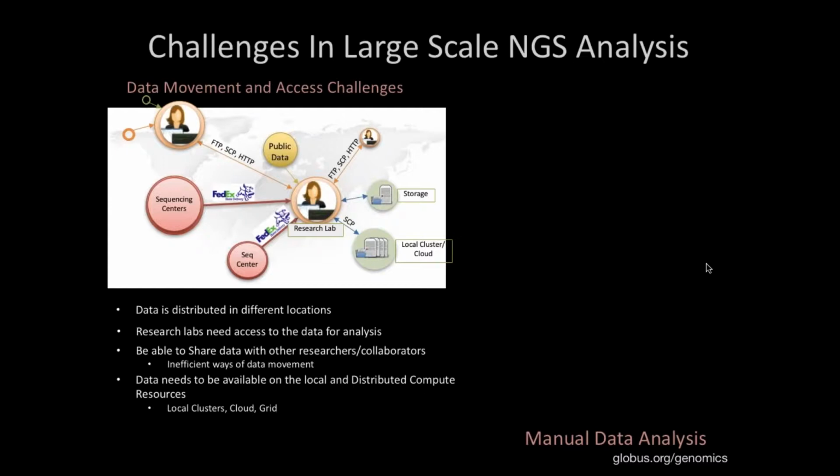You could think this is a reliable way of moving data, but it's actually not. Our team has worked with various researchers who are getting sequencing done in China at BGI. BGI also ships hard drives, and these hard drives typically get stuck in export control at the border, or they get corrupted while in transit.